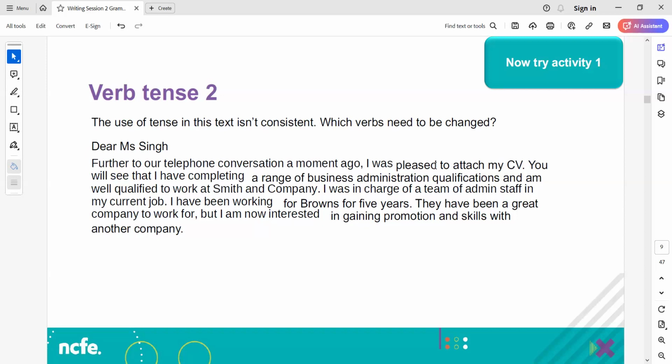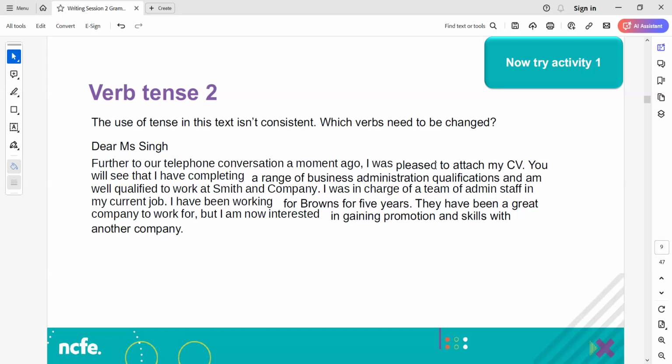You will see that I have completing a range of business administration qualifications and am well qualified to work at Smith & Company. I was in charge of a team of admin staff in my current job. I have been working for Browns for 5 years. They have been a great company to work for, but I am now interested in gaining promotion and skills with another company.